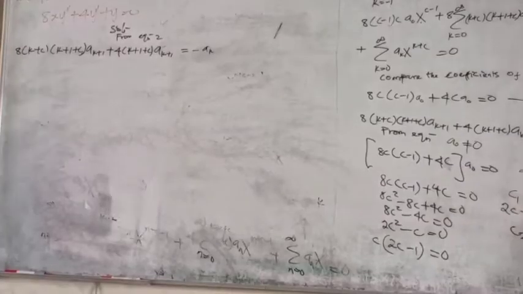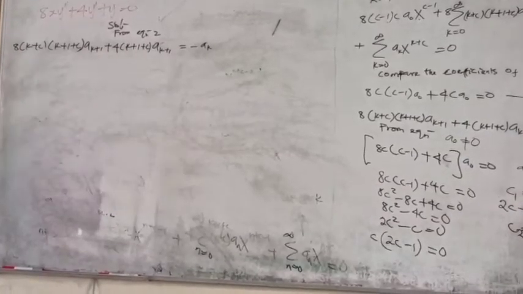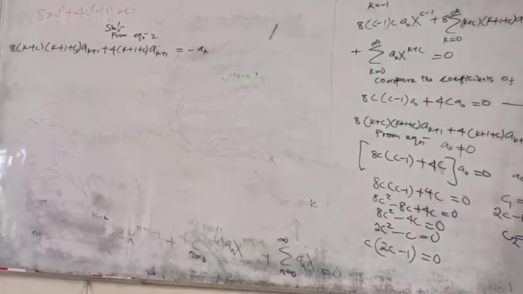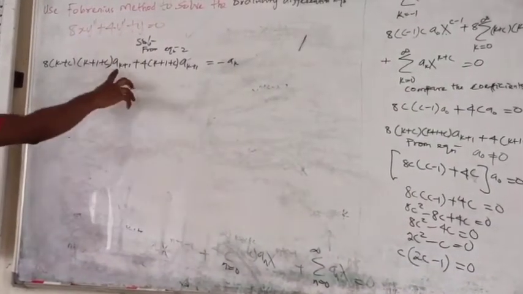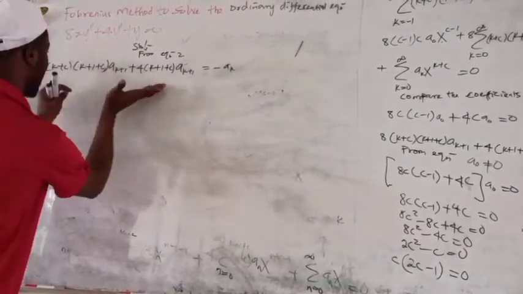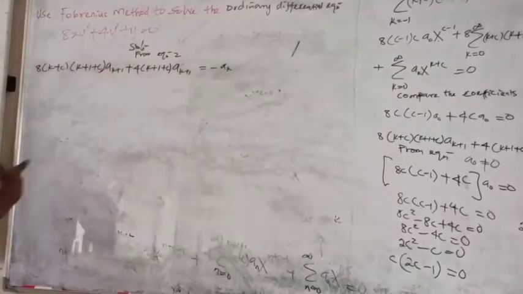So from here, I recall that I want to make a subscript k + 1 the subject of my formula, and I know that a subscript k + 1 is a similar term in two of them, so I can factor.